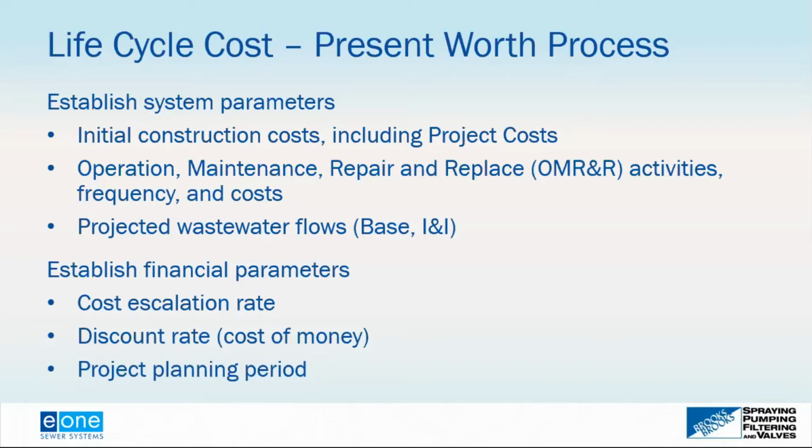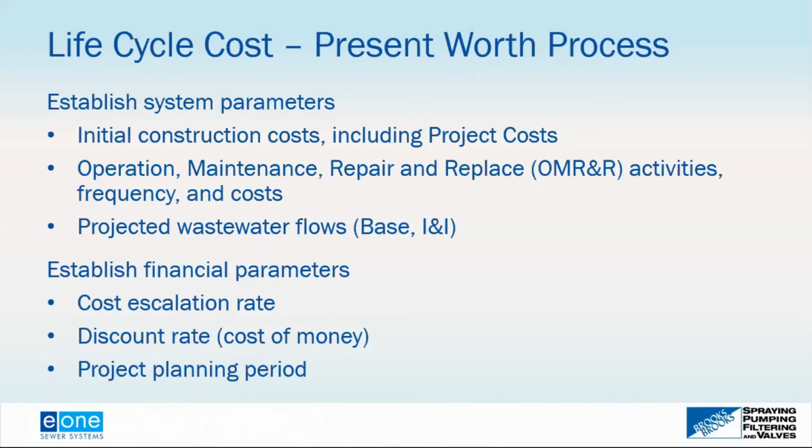You also want to look at, in the case of a wastewater collection system evaluation, wastewater flows. With the gravity sewer system, you're going to have infiltration and inflow. You don't have infiltration and inflow with the pressure sewer system. Now that infiltration and inflow, if you recall from the first part of the webinar series, that's groundwater or rainwater that gets into the wastewater collection system.